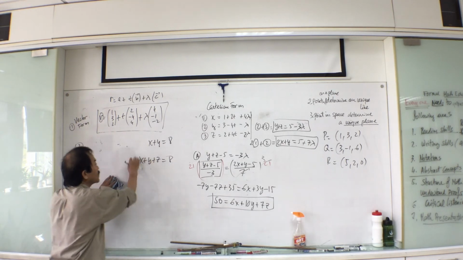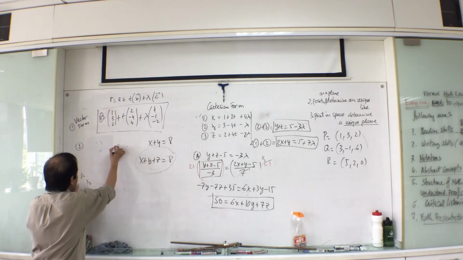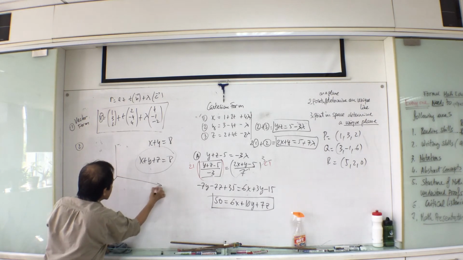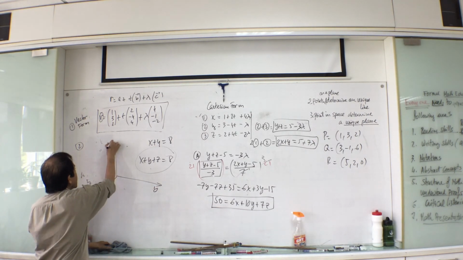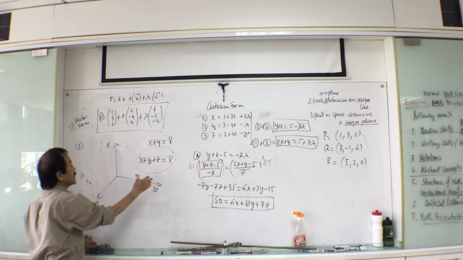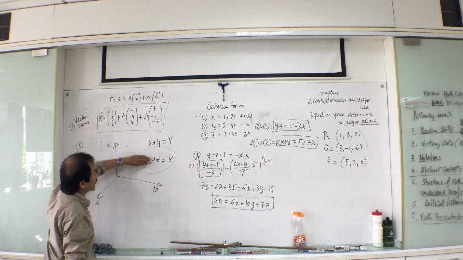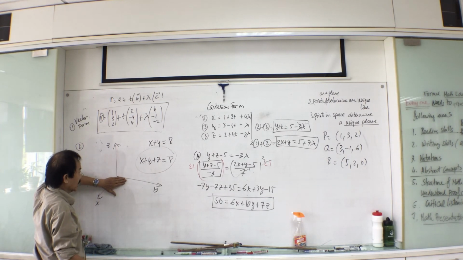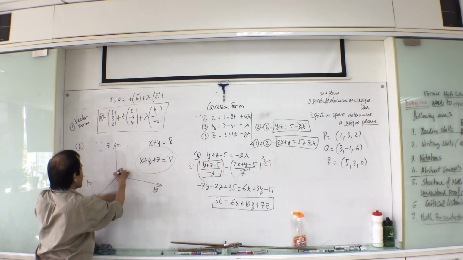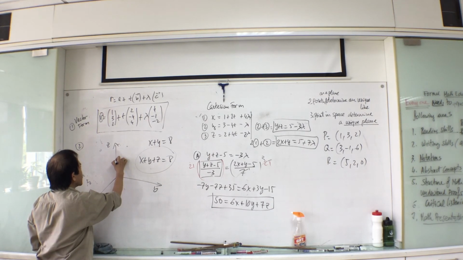So if you want to graph it, you can do it this way. X and Y and Z. If you let x and y equal 0, that means you talk about this axis, right? So z equals 8, so I get 1, 2, 3, 4, 5, 6, 7, 8.